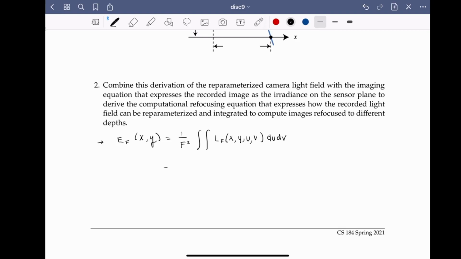So let's first just go ahead and replace this part of our equation with what we derived before. So this is 1 minus 1 over alpha.